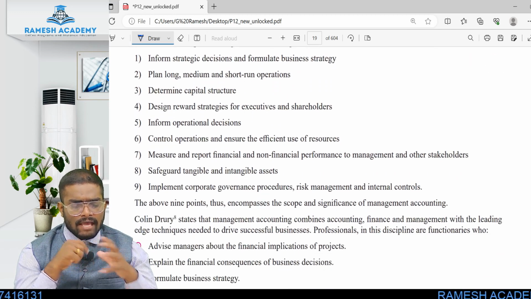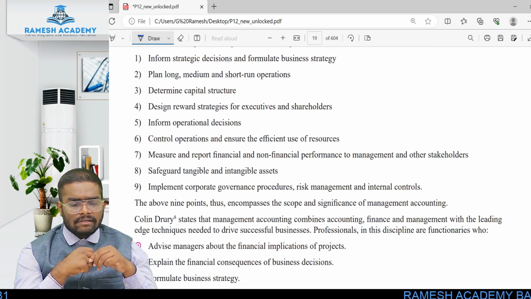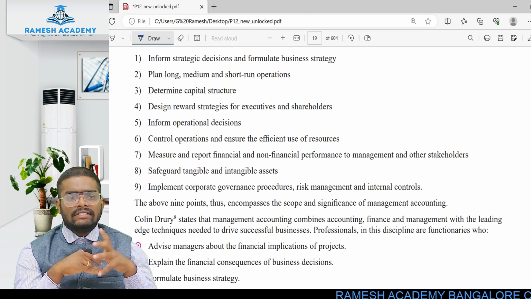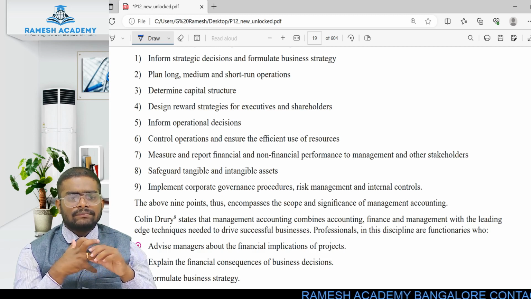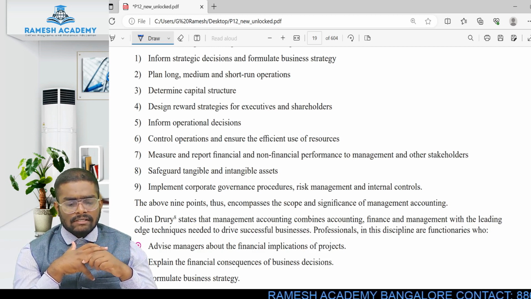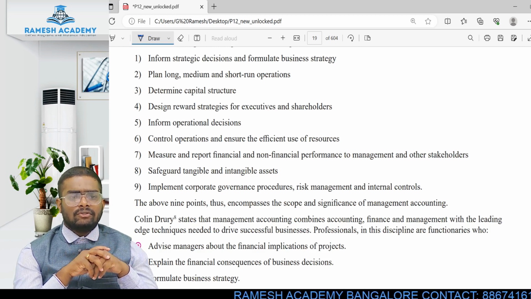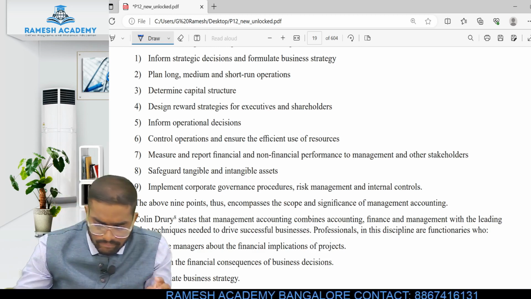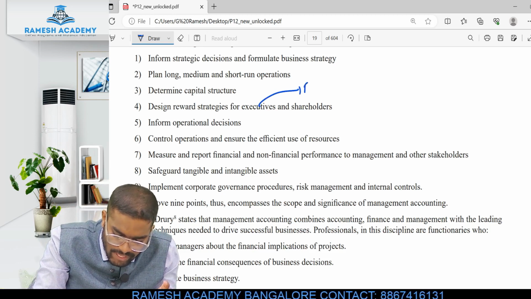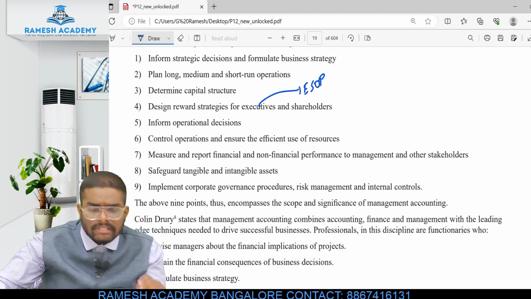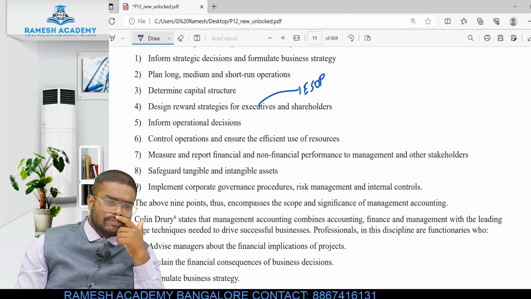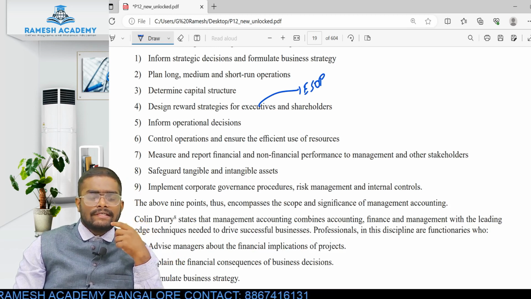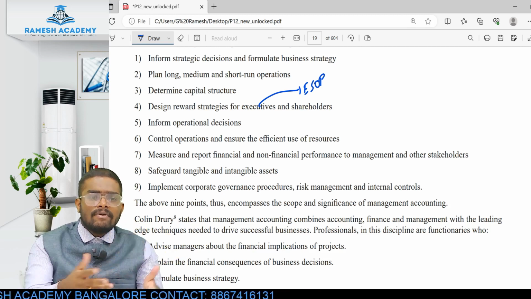Next, we will be having design reward strategies for executives and shareholders. So design reward strategies in the sense, what is that? We will be making some strategies to reward the executives and shareholders. For executives, we will be incentivizing their work by making ESOPs. ESOP is nothing but company shares. We will be providing company shares to the executives as a variable payment.